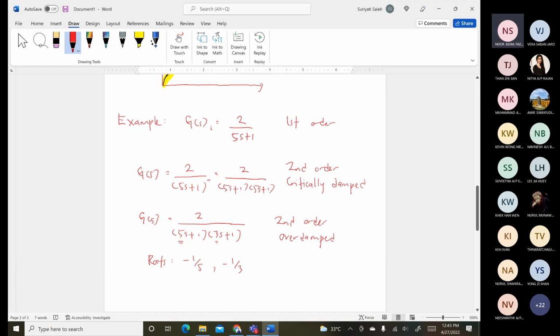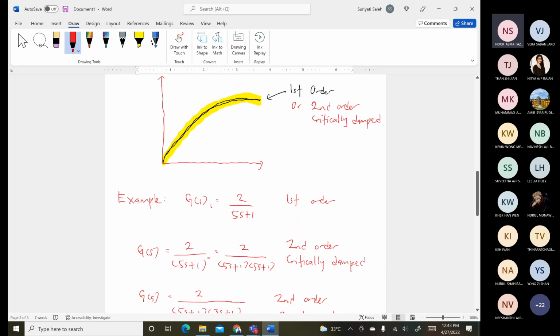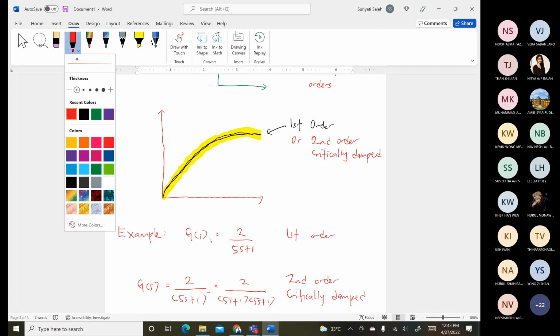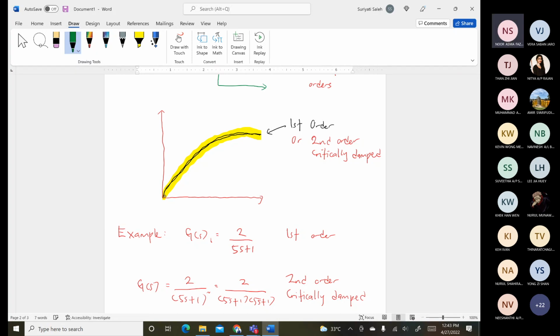So when you have the overdamped, that means the damping will be greater than 1. So what is the effect of damping greater than 1? Normally, when you have the damping greater than 1, your process becomes slow. Slow of what? Okay, it's like this. Let's say we start at the same point. This is your response.